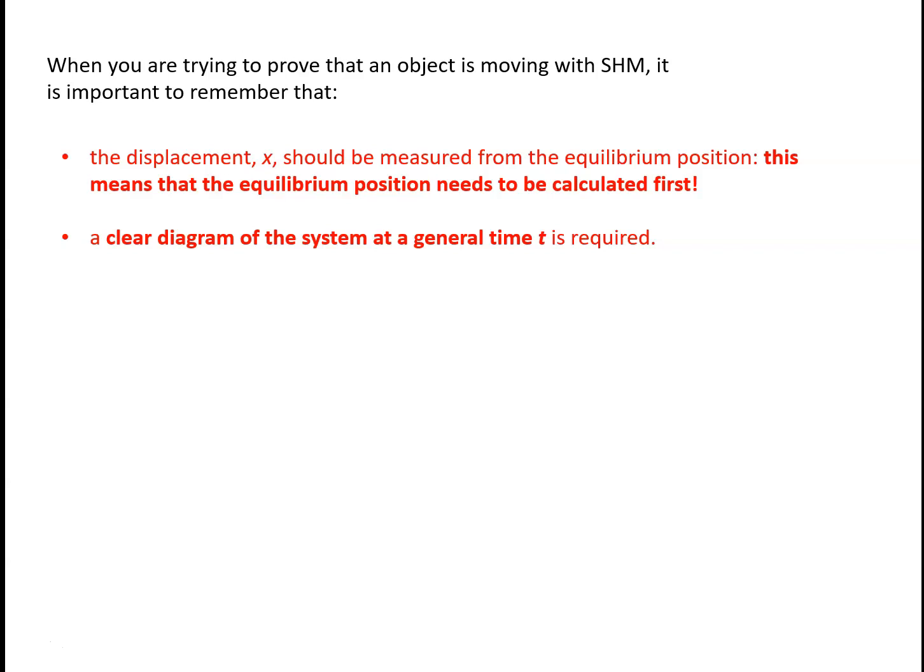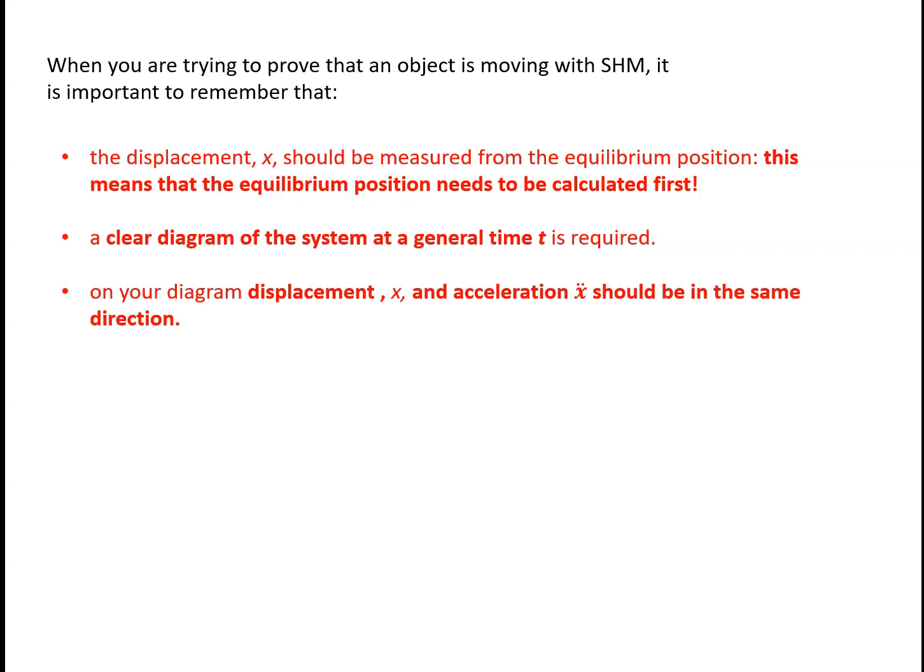In order to set up the SHM equations, it's absolutely crucial that we prove that the displacement satisfies the equation x double dot equals minus omega squared x. That requires Newton's second law at a general time t, and if we're going to do that, we obviously need a good, clear diagram at a general time t.